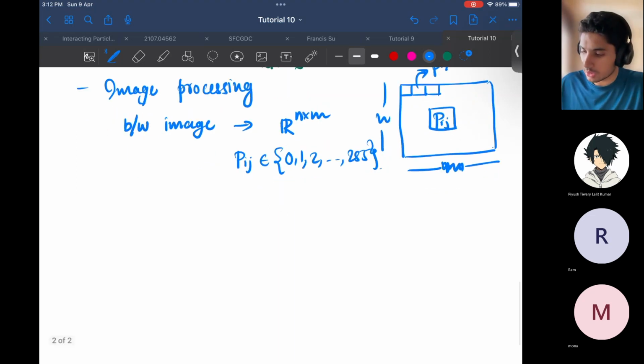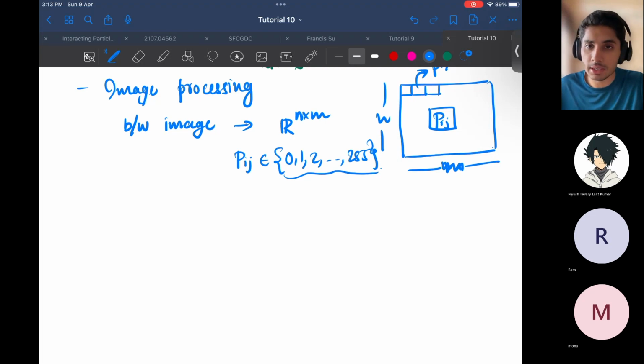If you want to go into further detail as to why it can take only these values, I would suggest you look it up on Google. In particular, there are some mechanisms involved when you capture an image.